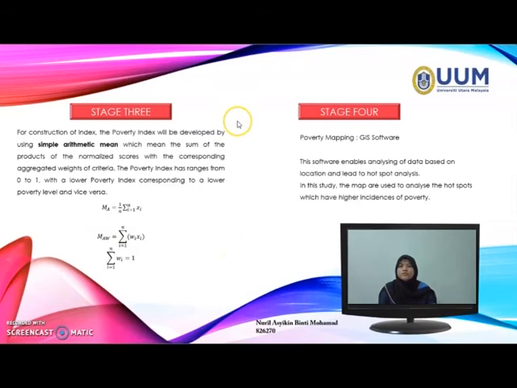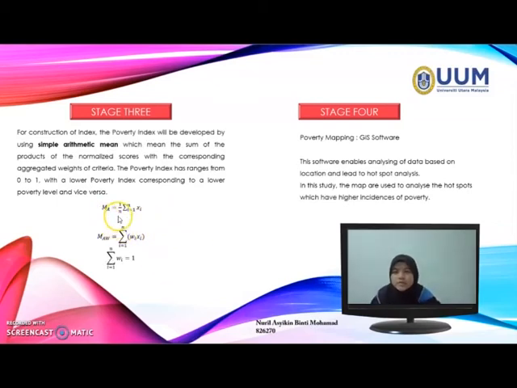Okay, we will move to the third stage. For construction of the index, the poverty index will be developed by using simple arithmetic mean, which means the sum of the product of the normalized scores with the corresponding aggregated weights of criteria. The poverty index ranges from 0 to 1, with a lower poverty index corresponding to a lower poverty level and vice versa. As we can see, here is the formula.